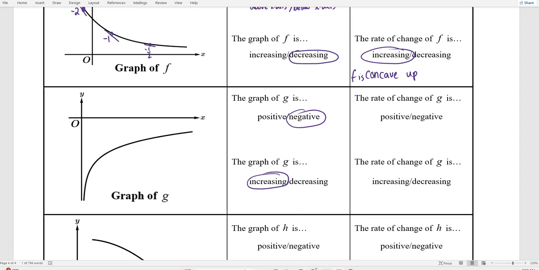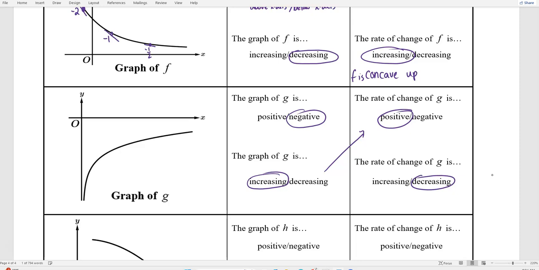Savannah, how about the rate of change of g is positive or negative? Positive is correct. That directly correlates to the fact that g is increasing, right? So you can answer this question based off of the previous question every time.